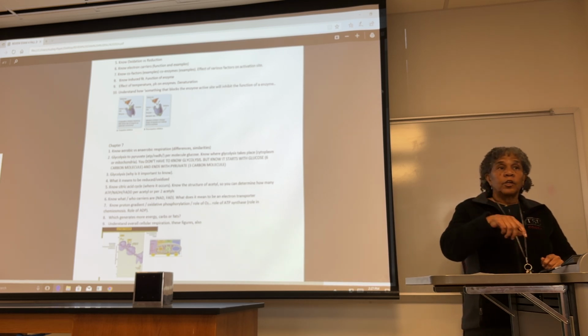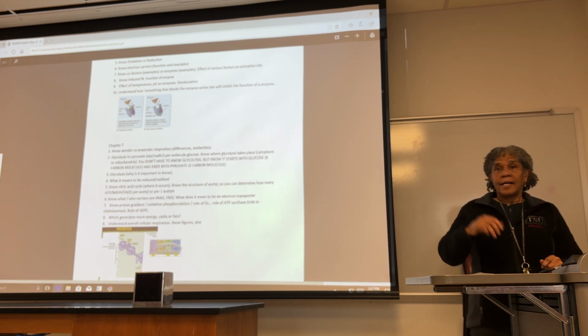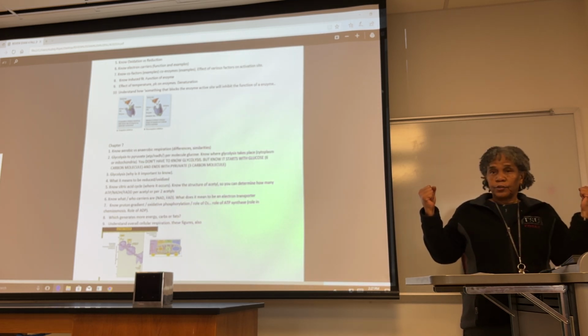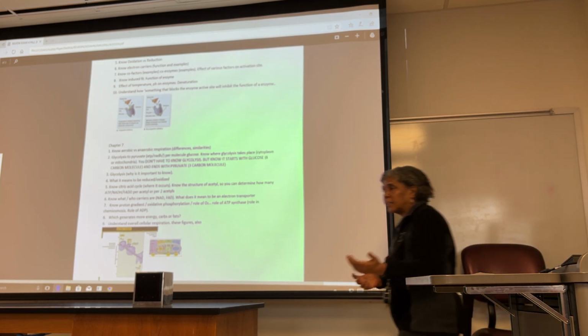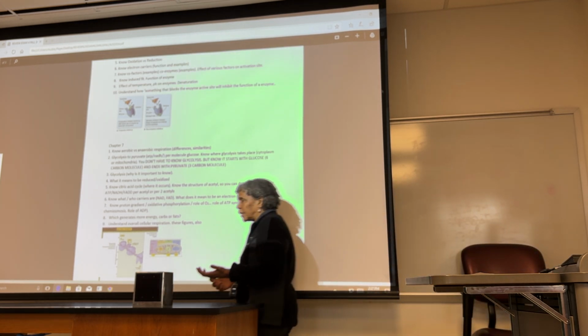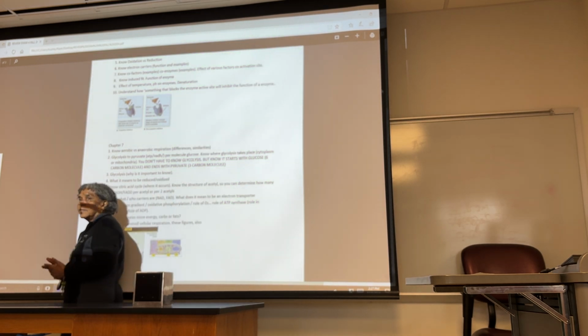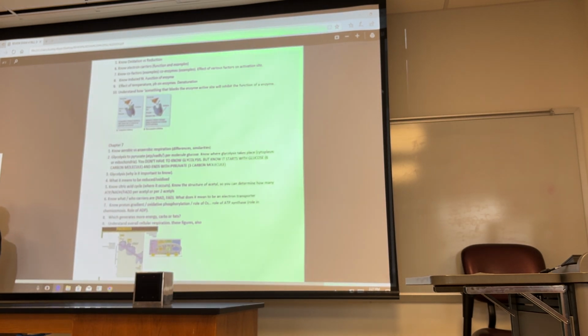So that glucose molecule gets oxidized because you're taking electrons away from it. It's losing electrons. So oxidation is the process of losing electrons. Reduction is the process: whoever binds those electrons or captures those electrons becomes reduced. Are you with me?